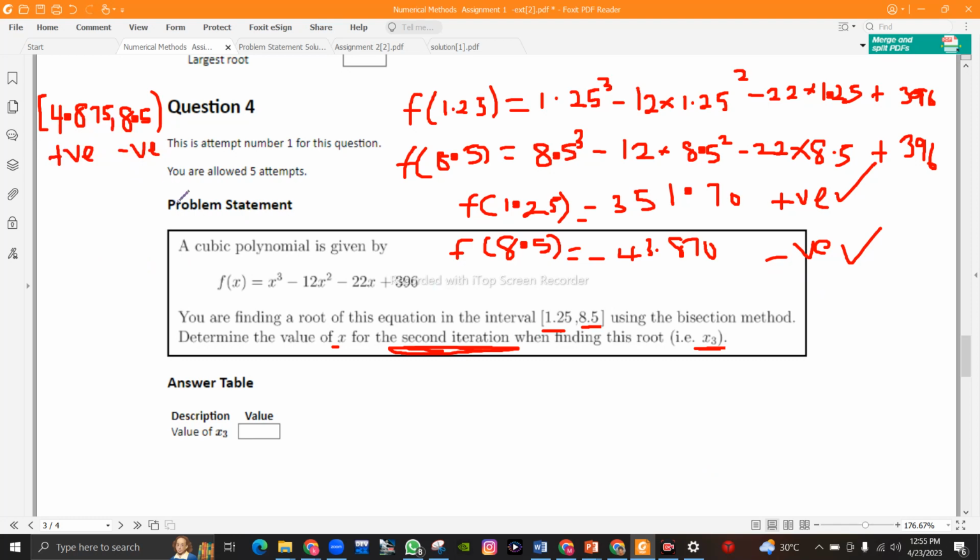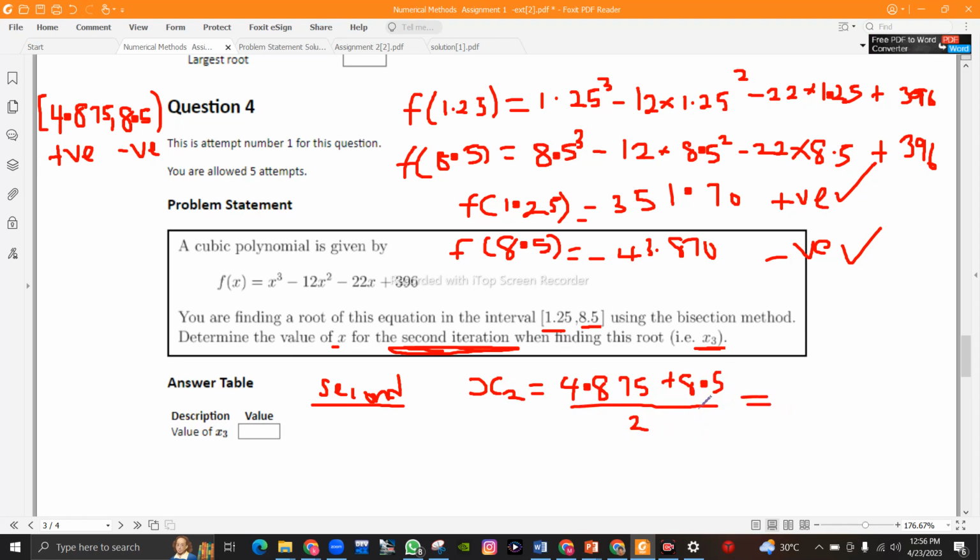Let's go to the second iteration. Our second iteration will be the average of these two, which is 4.875 plus 8.5 divided by 2.